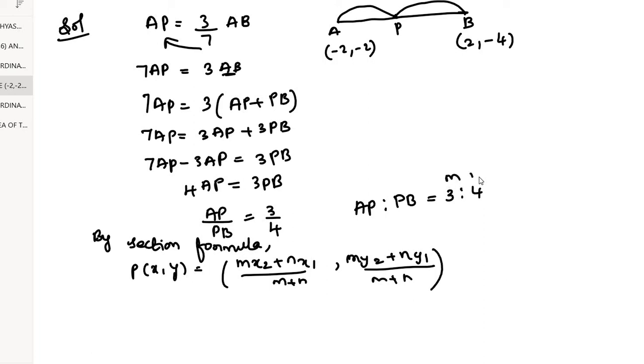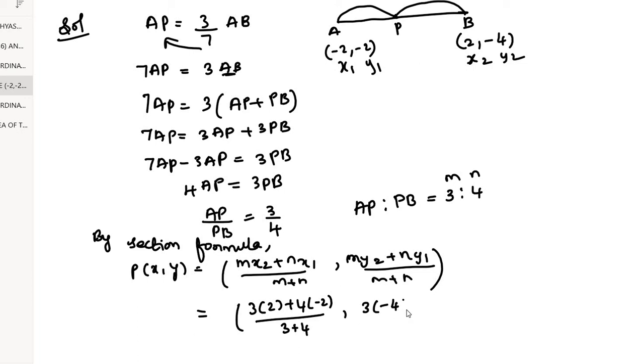This is m and this is n. This is x1, y1, x2, y2. So I'm going to apply that. So (3 into 2 plus 4 into minus 2) by (3 plus 4), (3 into minus 4 plus 4 into minus 2) by (3 plus 4). Next step, what will I get?